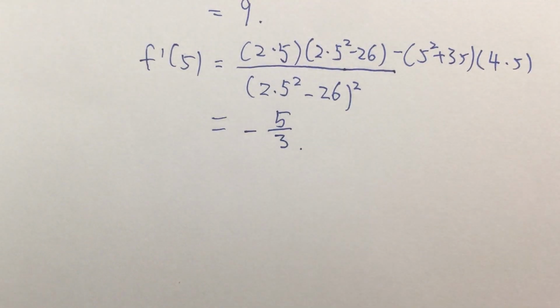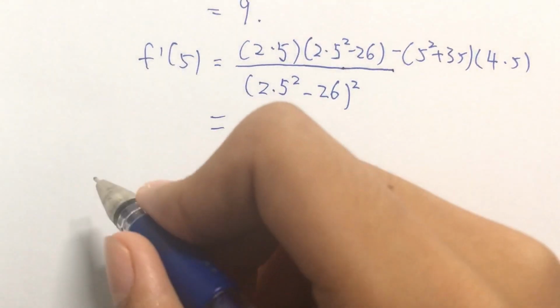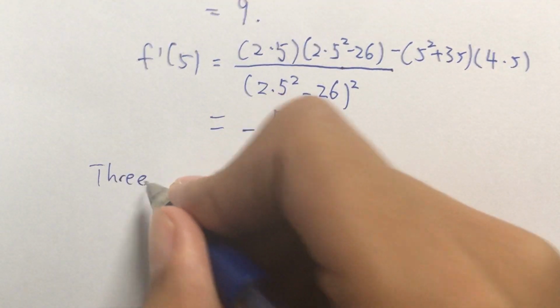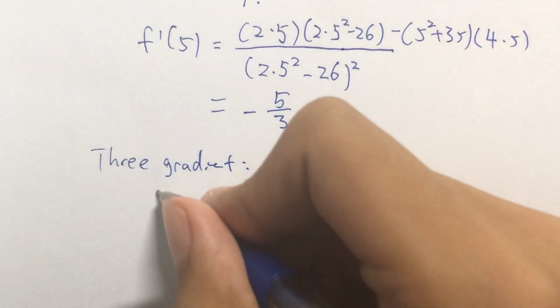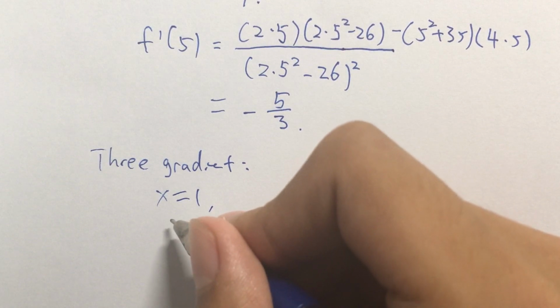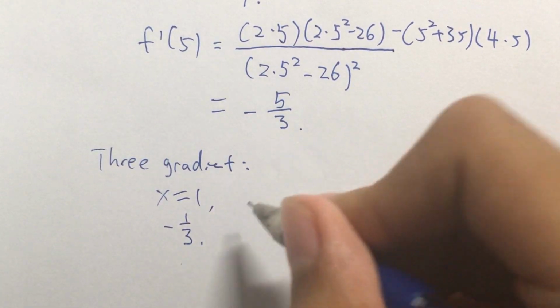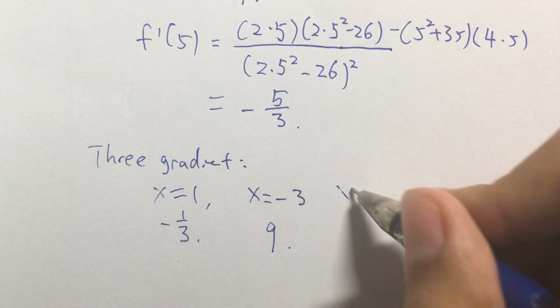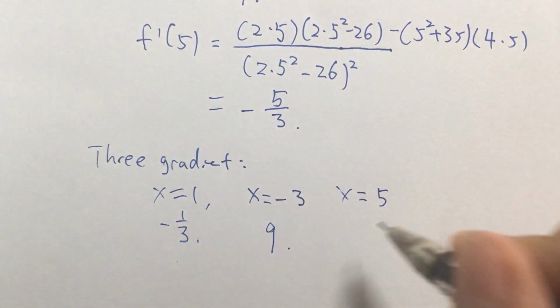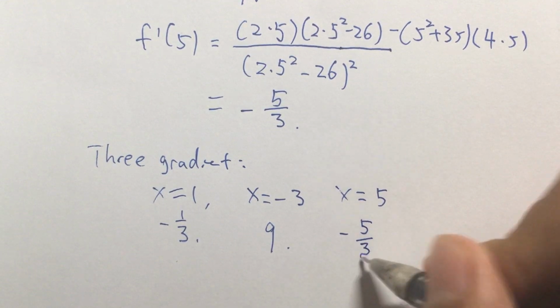So now we have done our question. So our 3 gradients: when x is equal to 1, the gradient is negative a third. When x is equal to negative 3, the gradient is 9. And when x is equal to 5, the gradient is negative 5 over 3.